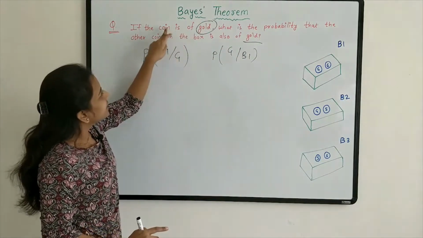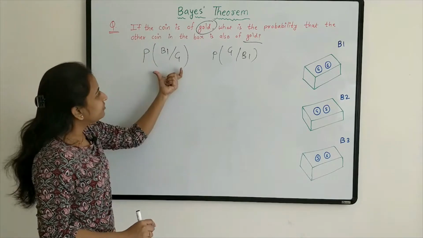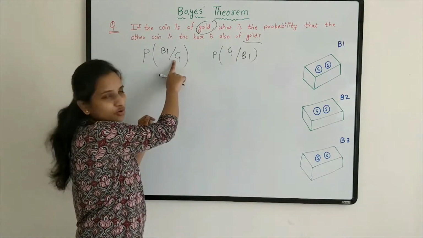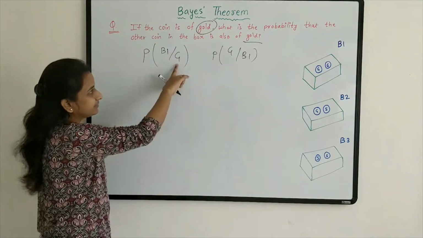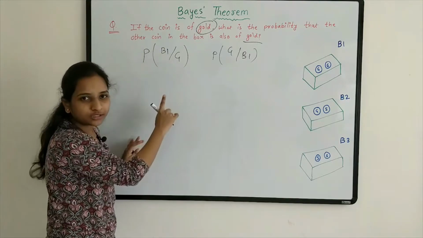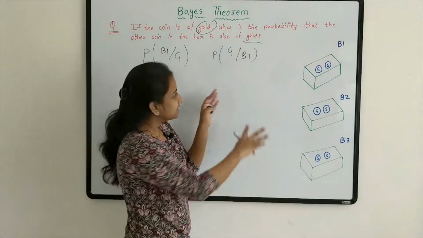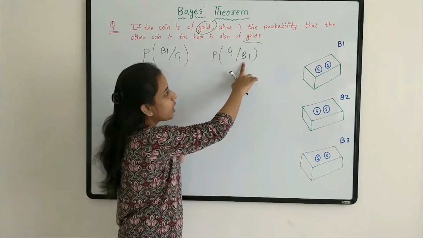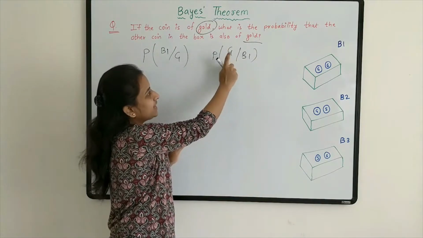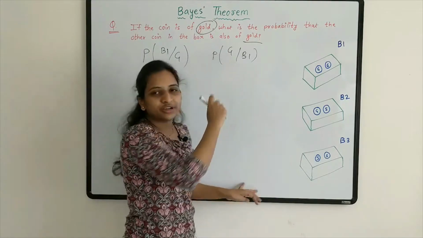See, here what is the meaning of this? One coin is taken and it is of gold, which is already known. Then what is the probability that it is from B1 box? And this probability means box 1 is already selected. What is the probability that the coin taken out is of gold?